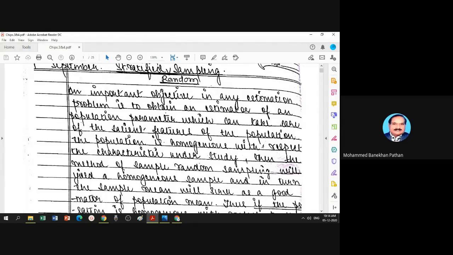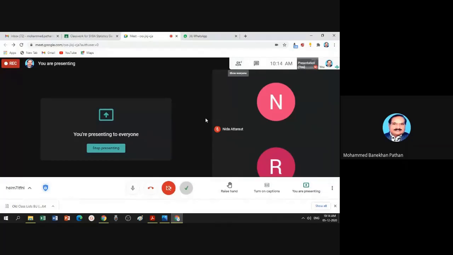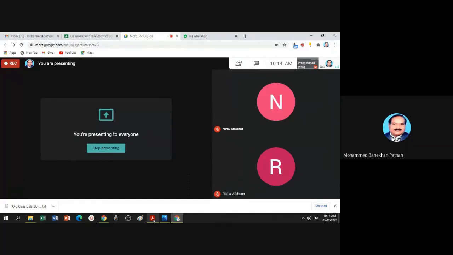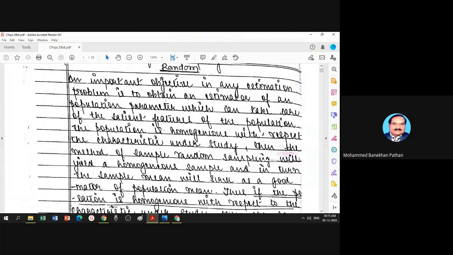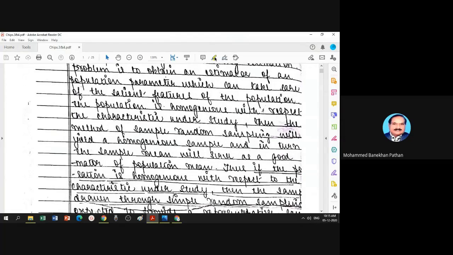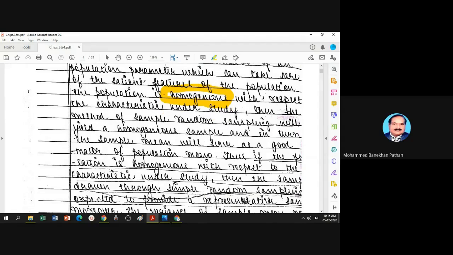Whenever you are studying an estimation problem, we have to worry about proper estimation of the population quantity. If the population is homogeneous with respect to the characteristic under study, then simple random sampling will provide a homogeneous sample, and in turn it gives a good estimation of the population mean.